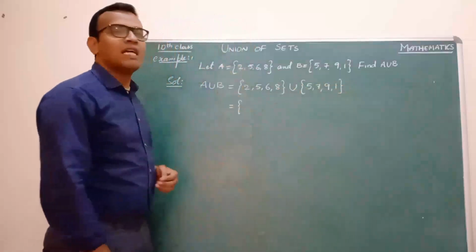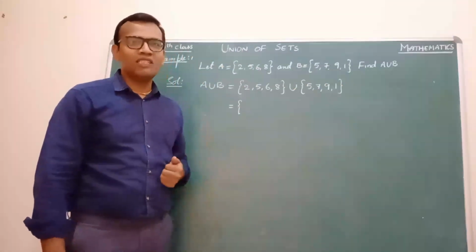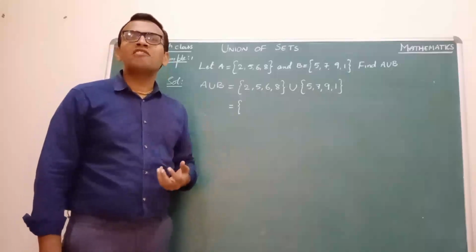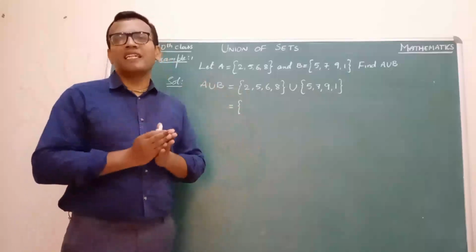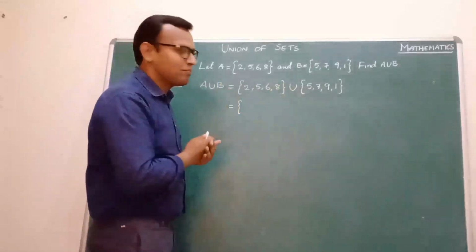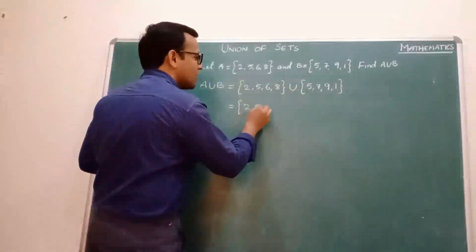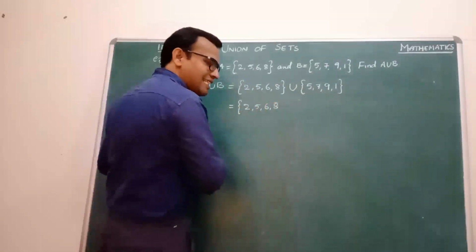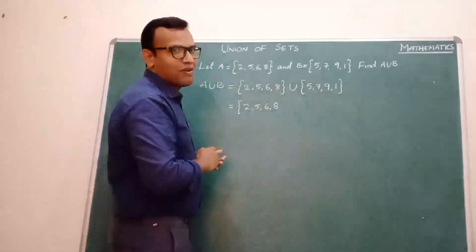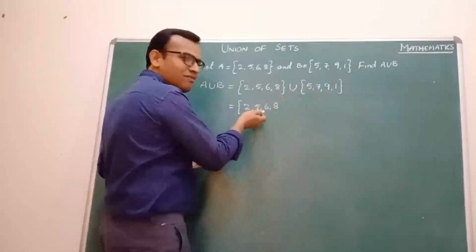Children, we have seen the definition of union of sets. What is union of sets? Union of A and B is nothing but the set of all the elements of A and B. So we have to write all the elements of A and B. What elements are present in A? Let me write first: 2, 5, 6, 8, and then see B. Those elements also will be there in A union B. 5 is already there, we have written.